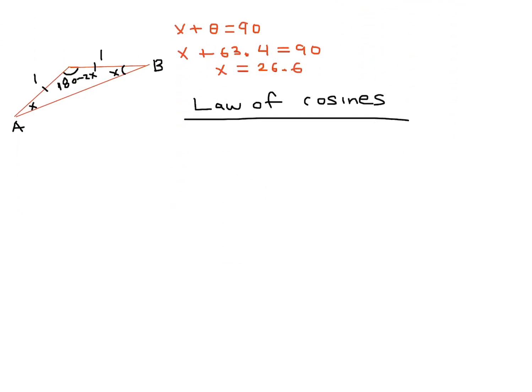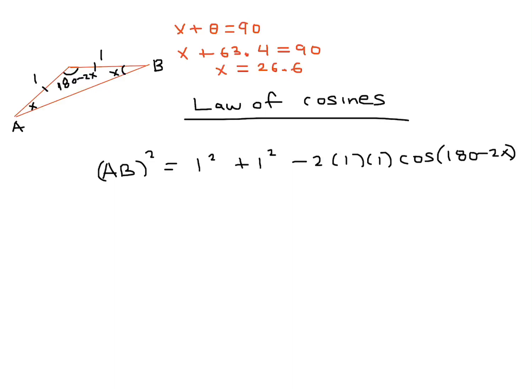I think we have everything we need. So the law of cosines, AB squared is equal to 1 squared plus 1 squared minus 2 times 1 cos of 180 minus 2x, like that.